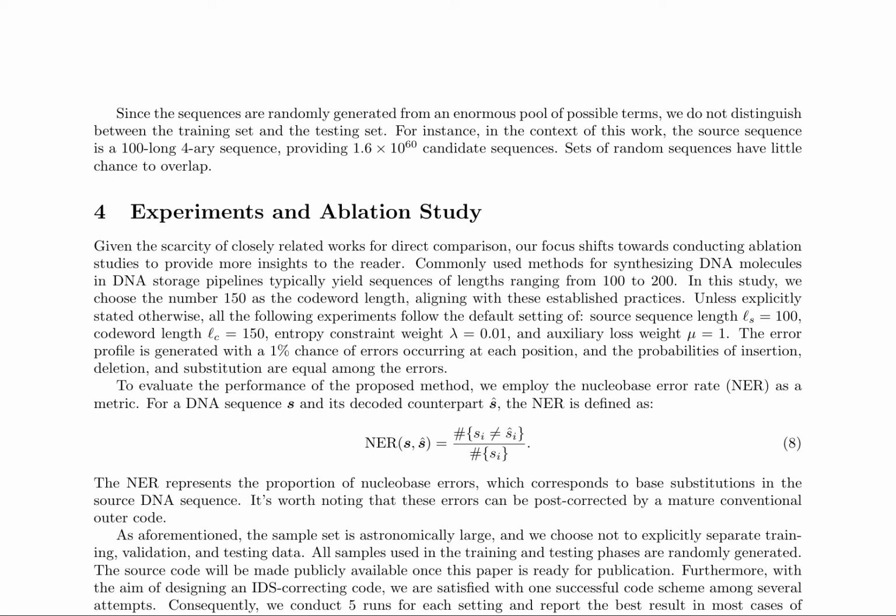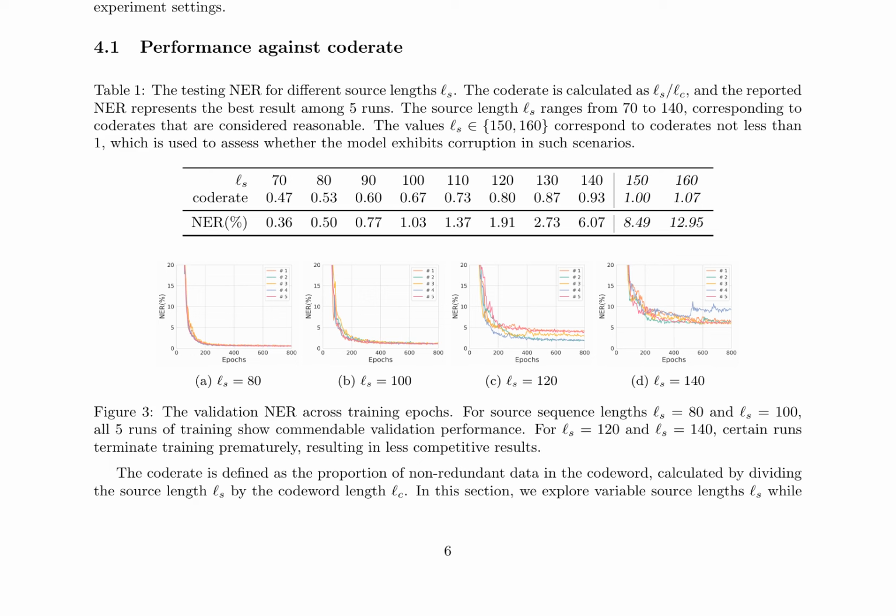Experiments are conducted with a codeword length of 150, aligning with established DNA storage practices. The nucleobase error rate, NER, serves as a key metric for performance evaluation. Given the large sample set, training, validation, and testing data are not explicitly separated. The source code will be publicly available, ensuring transparency and reproducibility.